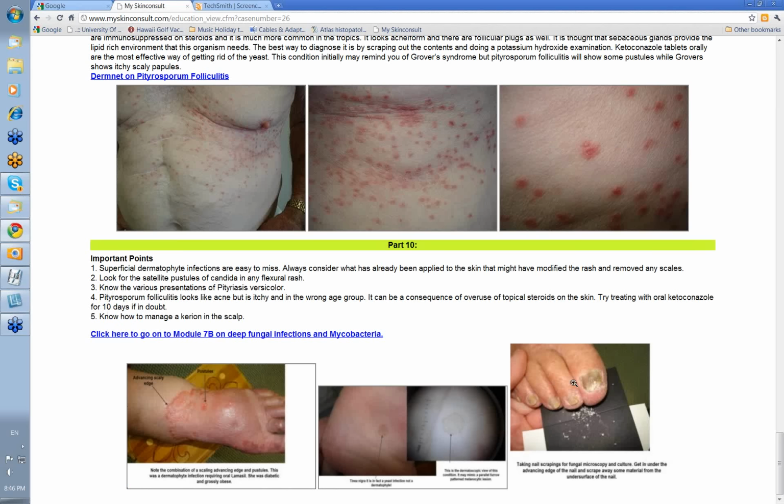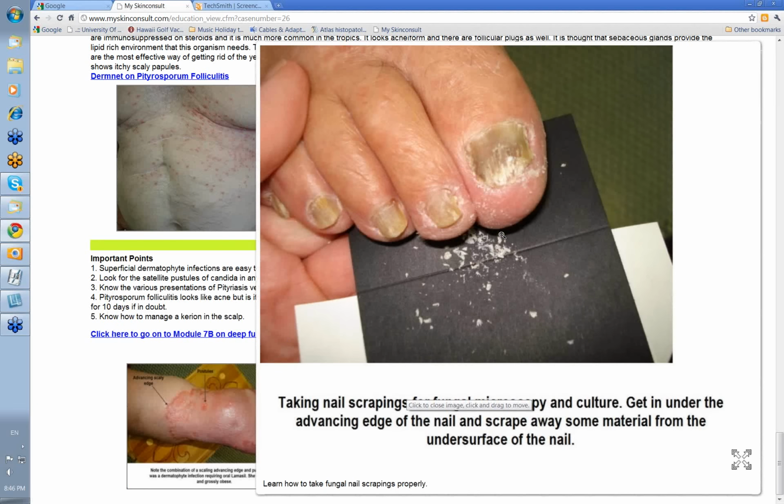And lastly, know how to take nail scrapings. This one's grossly thickened, but you really have to get into the material at the end here, or if you can get your blade just underneath the nail and scrape the undersurface, then that material is the best sort of material for trying to show fungal hyphae and grow a dermatophyte.